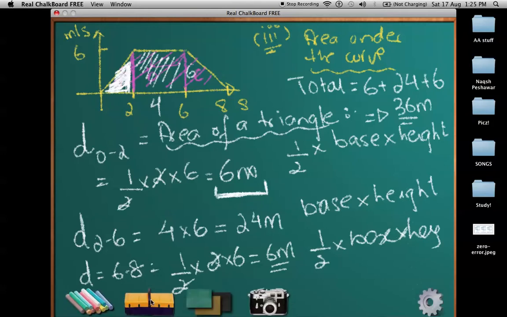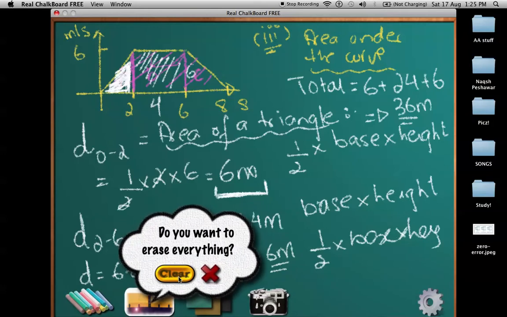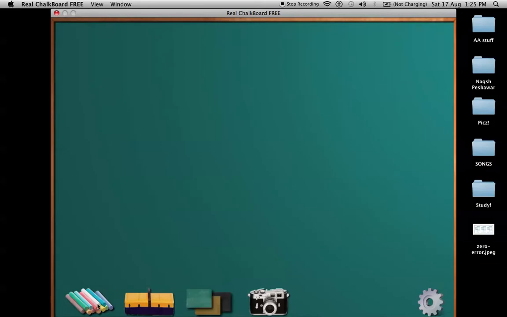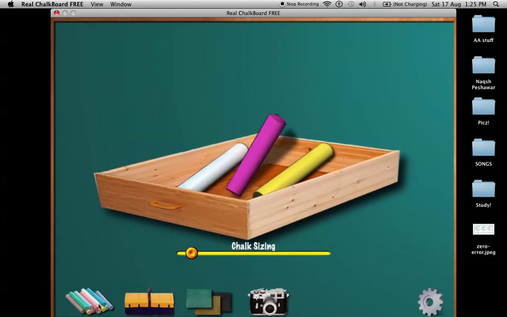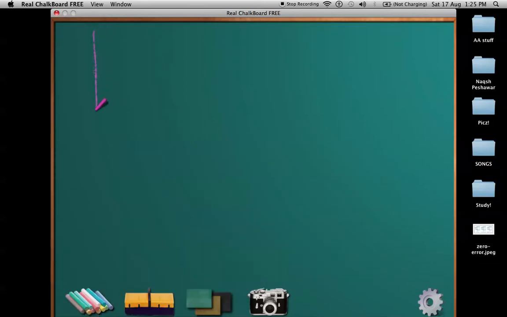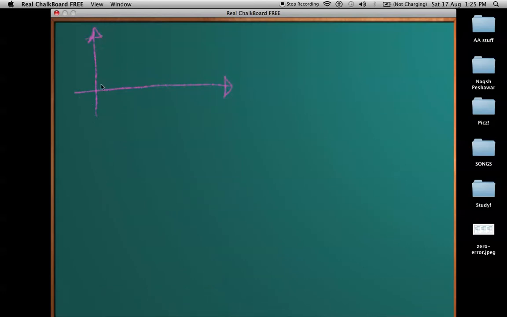Now, if I wanted total distance, there's also one more technique. If this is 6, this is 2, this is 6 and this is 8, and I want the total distance traveled by the car, and this is again a velocity time graph.